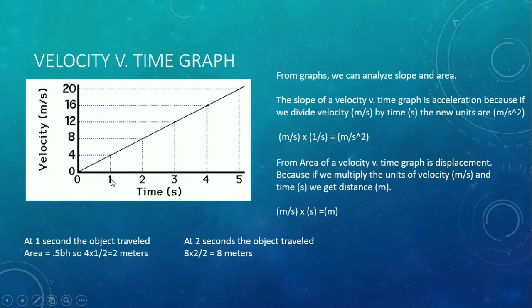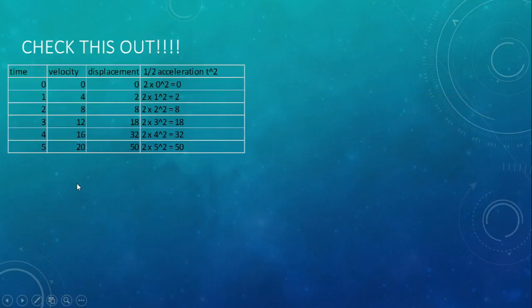Notice, rise over run: I traveled 4 up, and then I moved 1 second forward in time, so it's 4 over 1. That's the slope of this line. So if I go back, half the acceleration is 2, and if I multiply by the time squared, I get exactly the displacement, just like here.